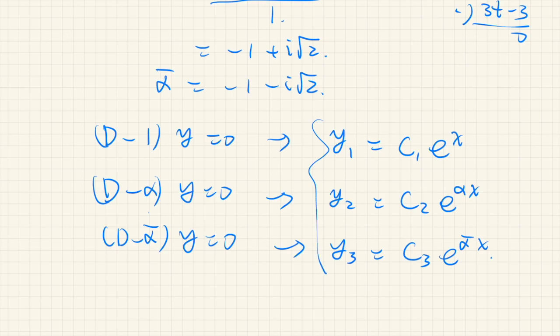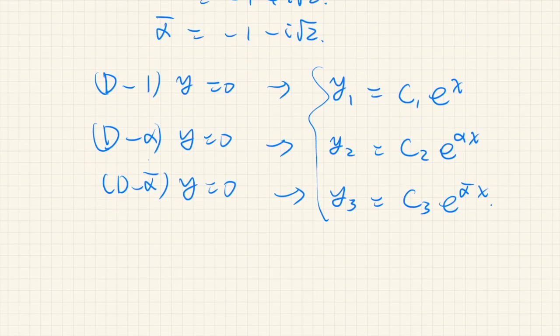Okay, so we have these three solutions, and the general solution should be the sum of them, with C1, C2 and C3.